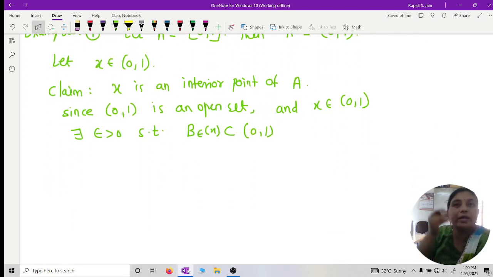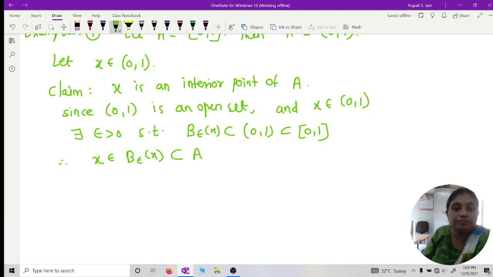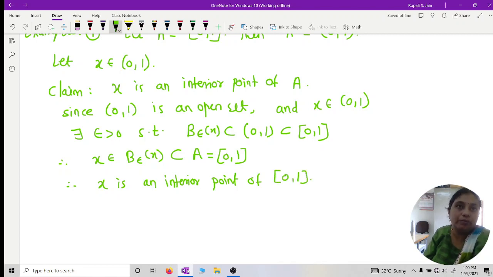It is (x minus epsilon, x plus epsilon), which is contained in (0, 1), and which is contained in the closed interval [0, 1]. So x belongs to B epsilon of x, which is contained in A. Therefore x is an interior point of the closed interval [0, 1].